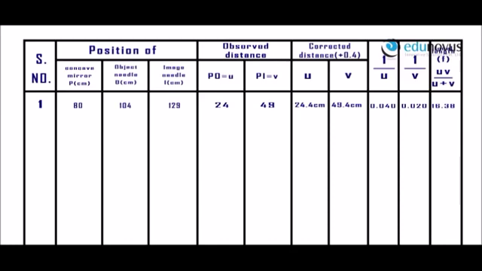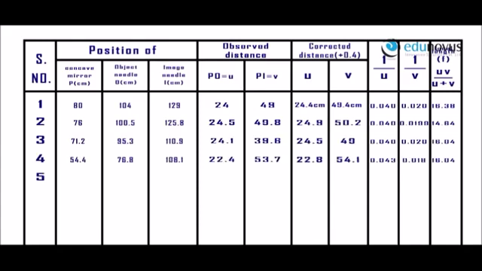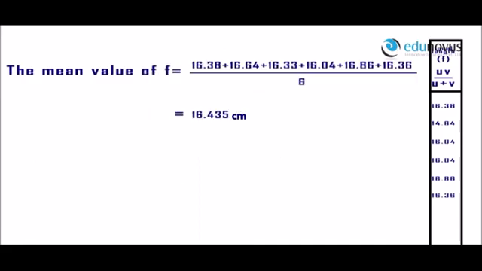Similarly, u and v values for different positions of the object needle O are found. The mean value of f is equal to 16.435 centimeters.